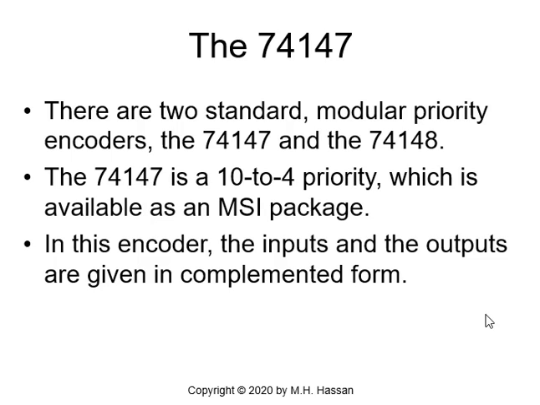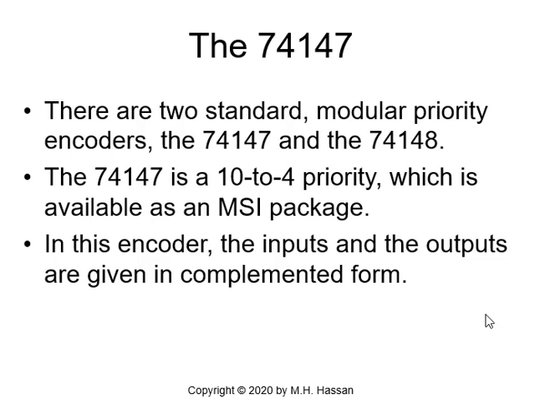There are standard encoders actually in the market, modular chips that you can buy. Namely, I named two of them, 74147 and 74148. Or you could find them as 74LS147 and 74LS148, where the technology is low power Schottky transistor, which is TTL chips, of course.